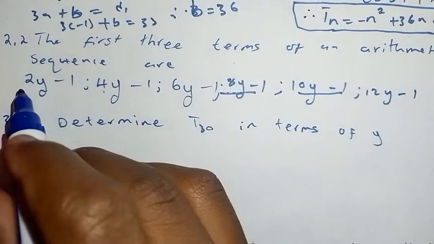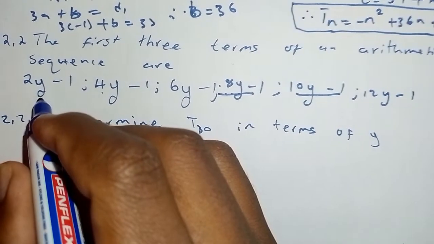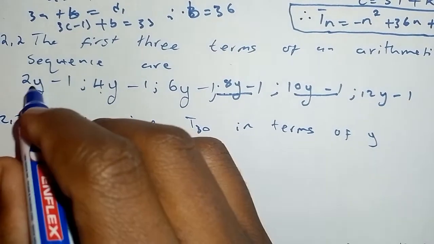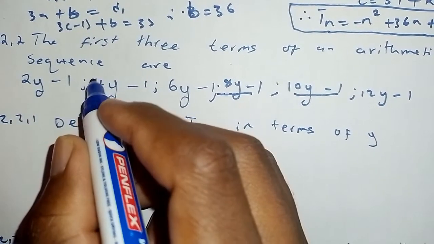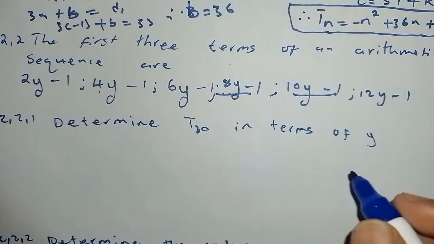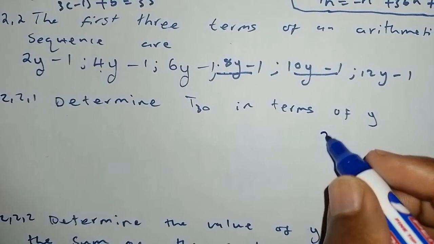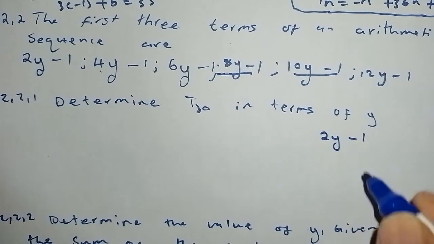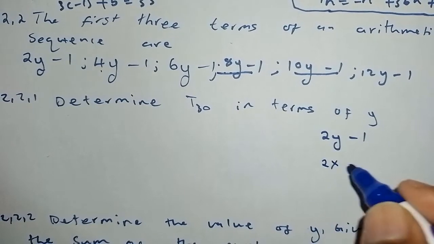If you can see, term 1, we multiplied by 2 to get that. T1, you multiply by 2 to get that. T2, you multiply this. What am I trying to say? I'm trying to say if term 1 were given this, you multiply this by 2, always.